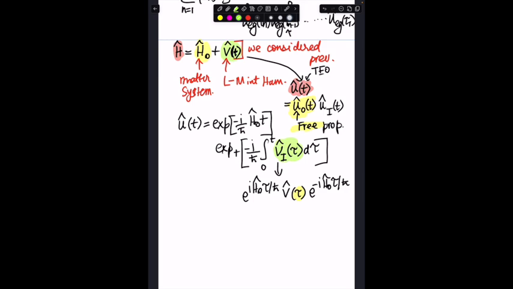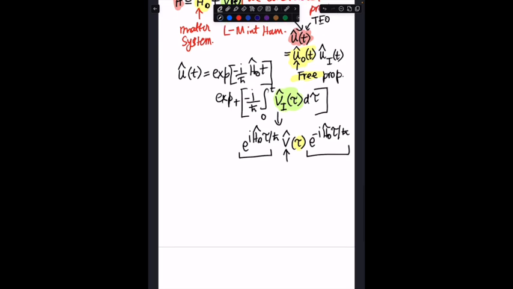One, because it's in the interaction picture and has time dependence due to the free propagator, which is removed here, and number two, because the operator itself depends on time in the Schrodinger picture. So now, I hope this is a good recap of what we had studied in the past. This is essential quantum mechanics review.